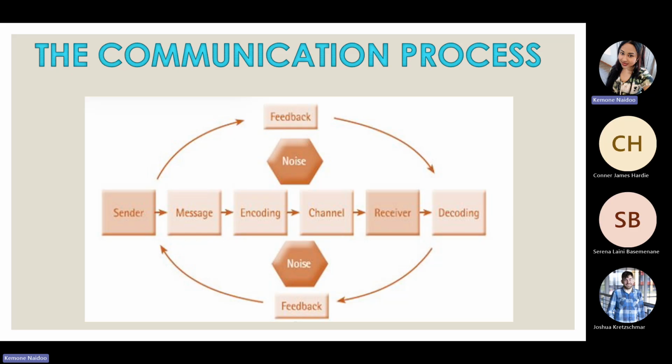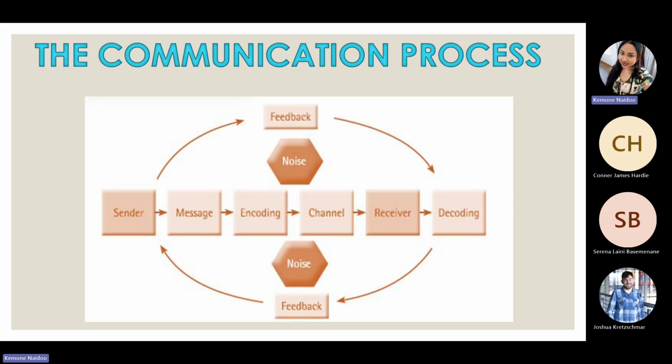Your channel can be anything. Sometimes you have more of a vocal communication. Sometimes you have communication via email. Sometimes you have even just chatting on WhatsApp. This is what a general communication model looks like. I hope that is easy to understand.